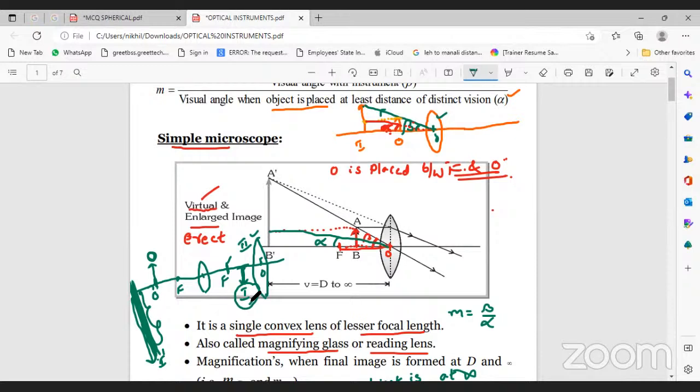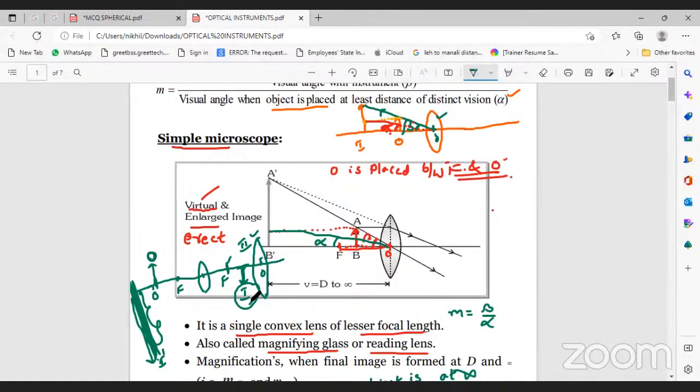What is the difference between simple and compound? In the simple microscope, the image is virtual, erect and enlarged. But in the compound microscope, the image is very, very enlarged.